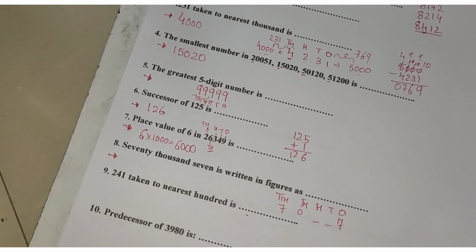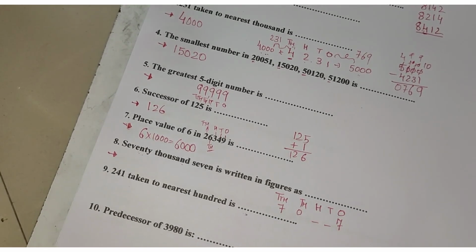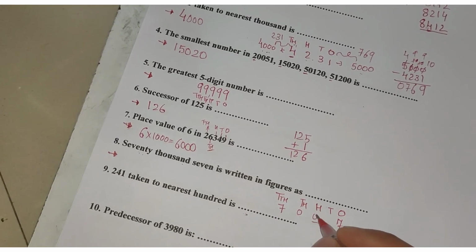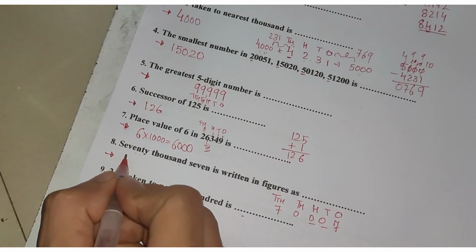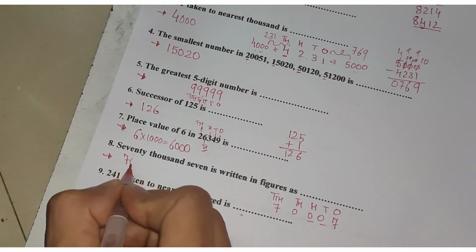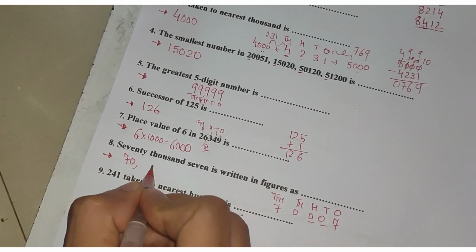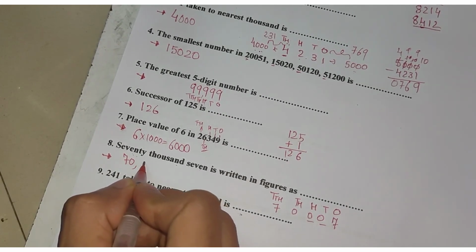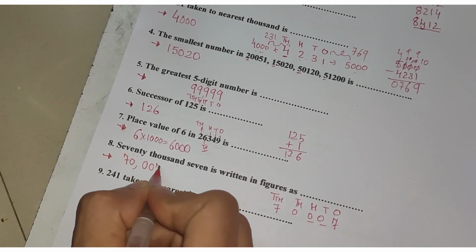The rest has been given nothing, no hundreds, no tens, so these will be kept as 0. So we got 70,007 written in figures as 70007.